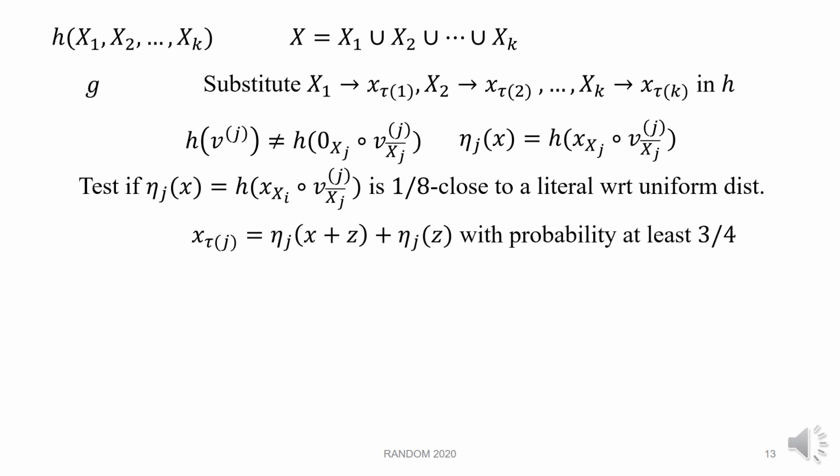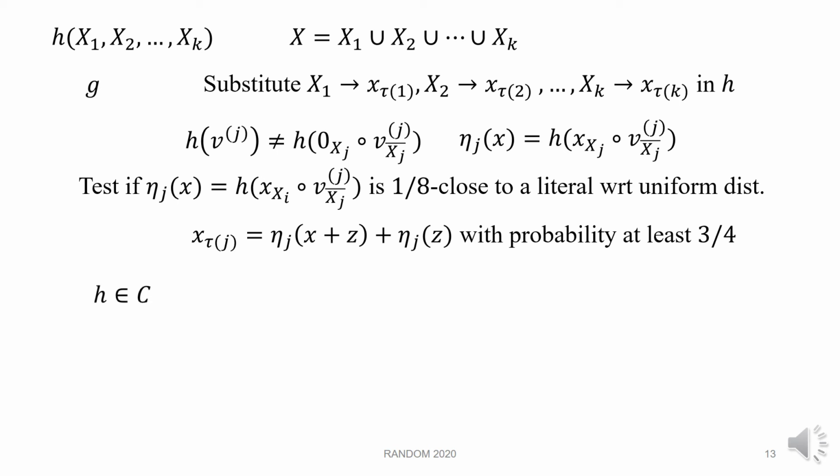Now we claim that for a random uniform z, with probability at least 3/4, x_τj is equal to eta_j(x plus z) plus eta_j(z), where plus is bitwise XOR. This is actually the self-corrector.